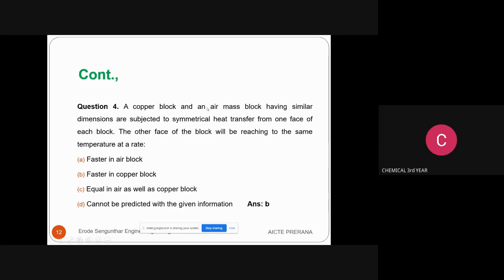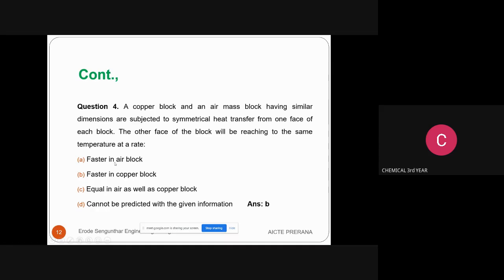We all know that in the copper block the transformation will be high. The same thing they are asking here: which one will reach very fast? In the copper block only, because it has the higher thermal conductivity.